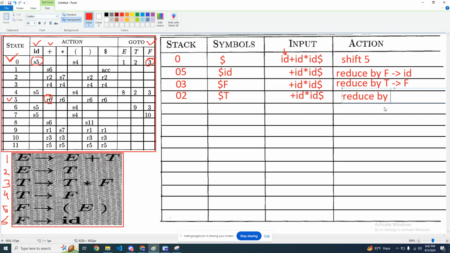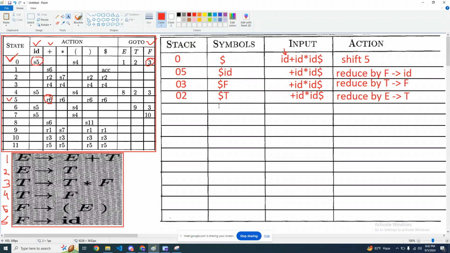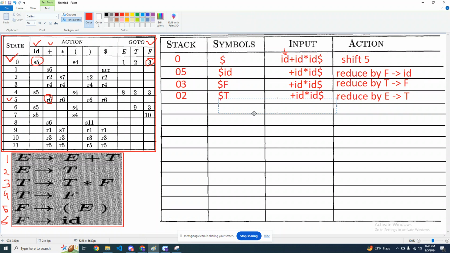What is rule 2? E produces T, right? So this T will be reduced into E, and the cardinality of this is 1, so 2 will be removed from the stack.